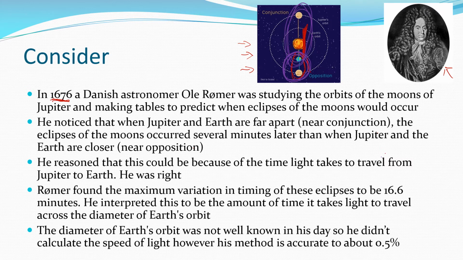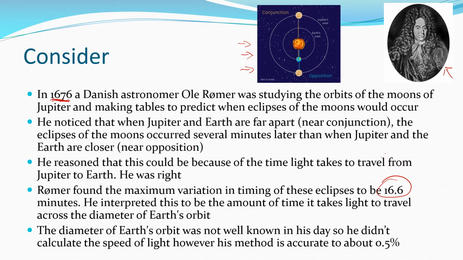And the net difference in those distances is the radius of Earth's orbit. So what he worked out was that the variation in timing was a bit over 16.5 minutes at different times throughout the year. And so what he realized was this was the time it took the light to travel across that extra distance of the radius of Earth's orbit.